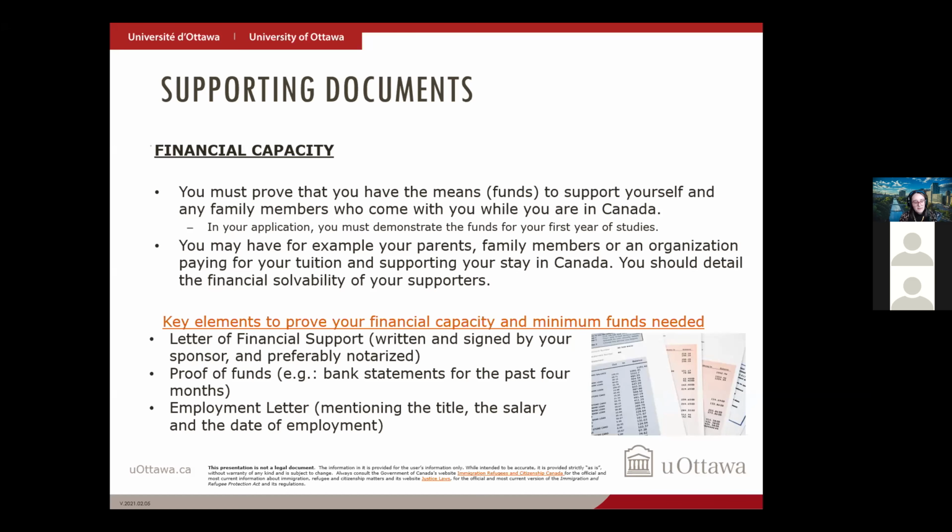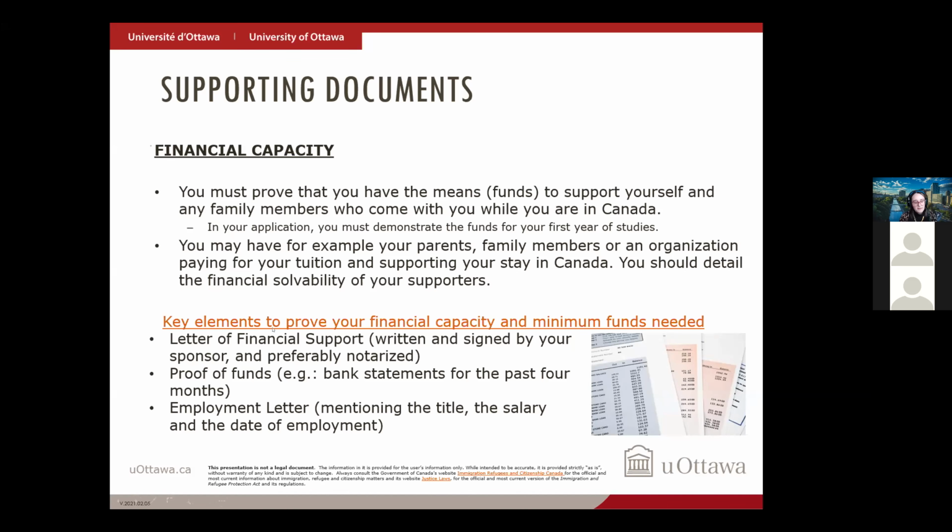That means a notarized letter, ideally, that says, we will be supporting our son throughout his program in Canada. Everything that you say in your application needs to be corroborated with actual proof to have a strong study permit application.